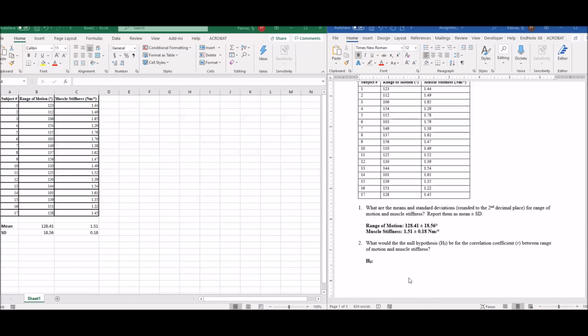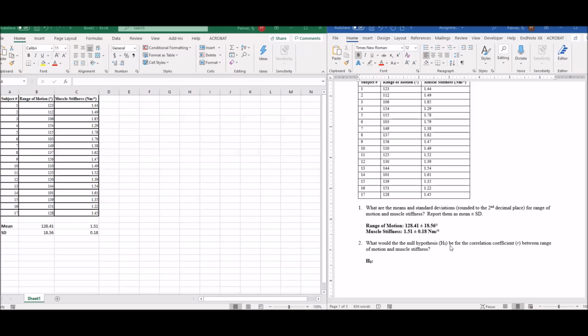If you look at the PowerPoint, it states that the null hypothesis states that R, the correlation coefficient, and this lowercase italicized r is the symbol we use to represent the Pearson correlation coefficient, so just keep that in mind. Basically, the null hypothesis states that R is not statistically significant.